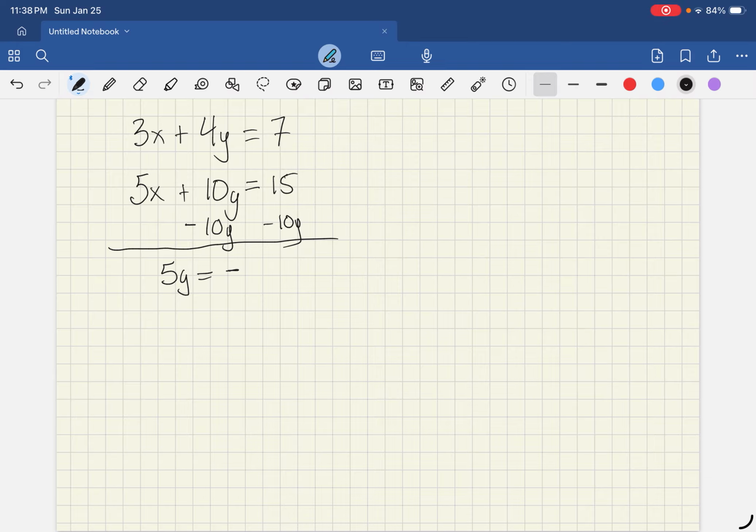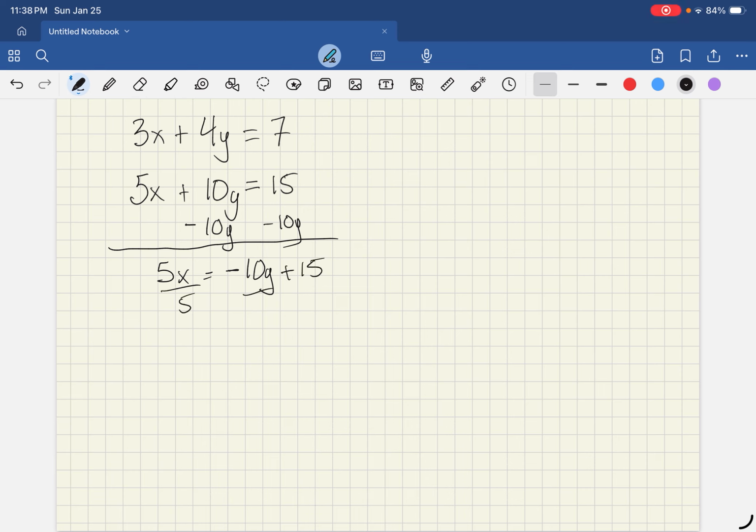You see me already being used to only ever using x's, right? Y's. That 5x needs to drop down, and I'm left with negative 10y plus 15.